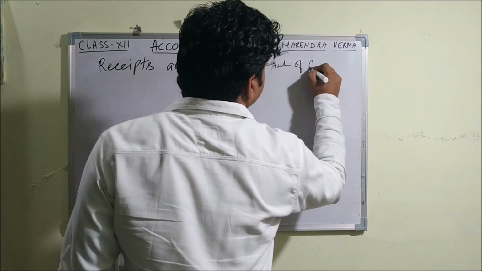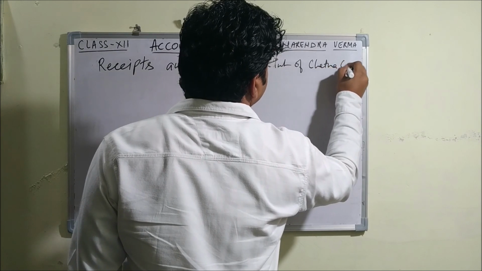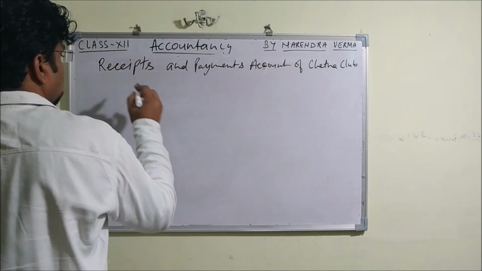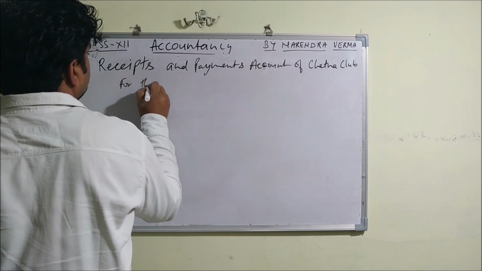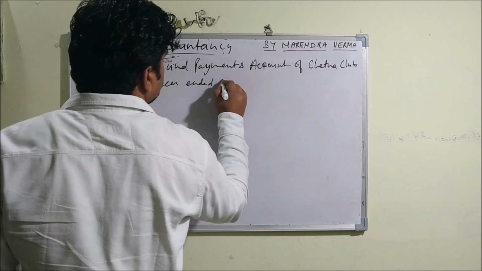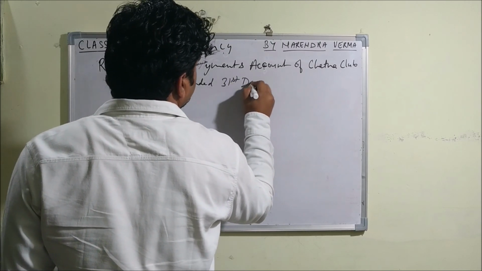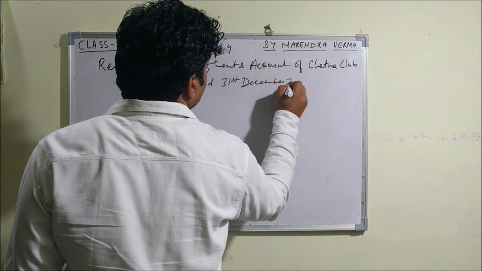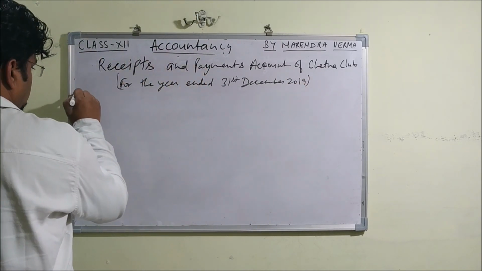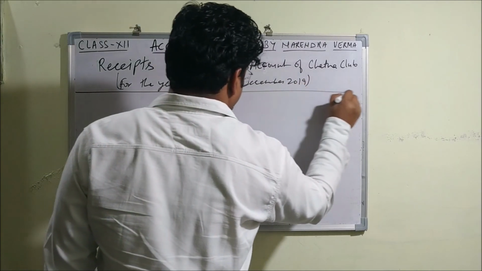Chetna Club. You'll have to mention here the name of the organization for the year ended 31st December 2019. So this is the format to attempt the question.